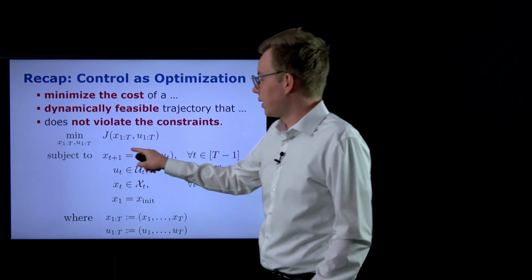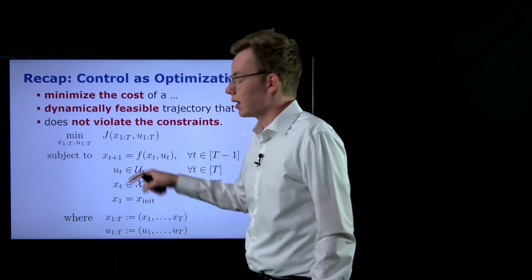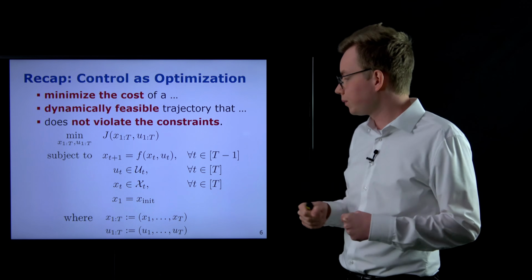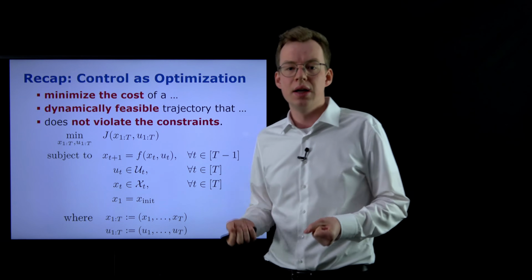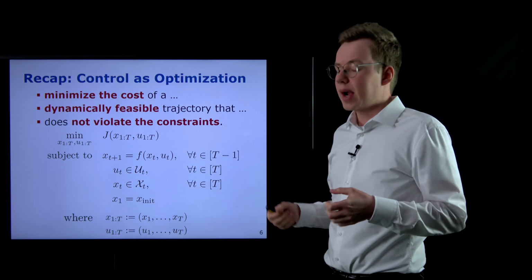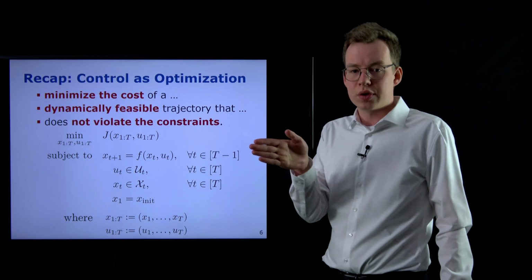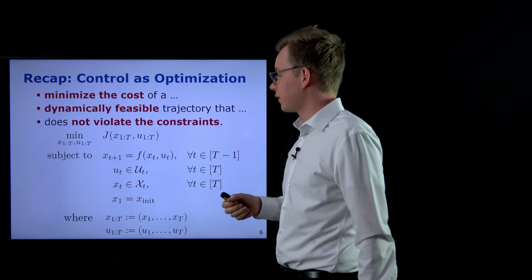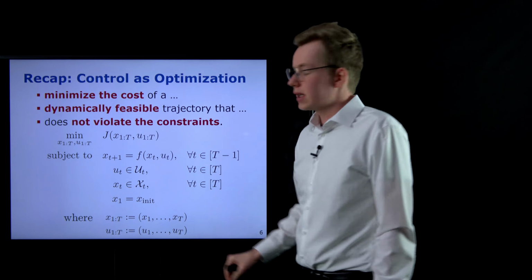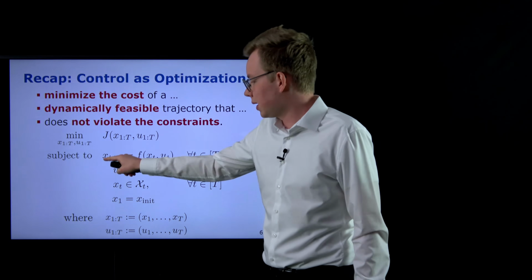That is, the states that we are choosing must be achievable by the dynamics model that we have. For example, if we have a car, we can steer and we can accelerate to the front and back, but we cannot immediately move sideways because the tires are preventing us from doing that. So we have dynamic feasibility as an equality constraint here.